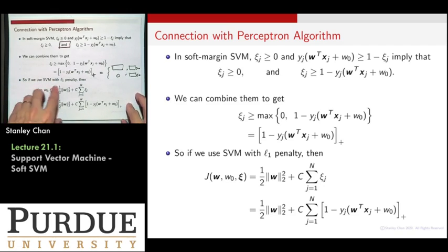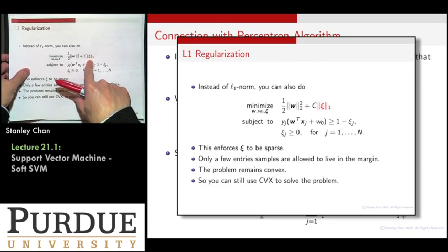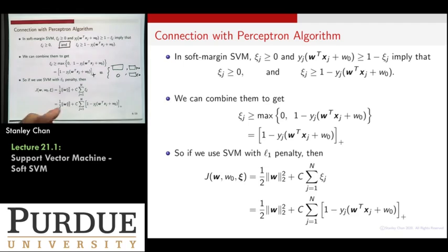Now if I use this shorthand notation and put it into the L1 penalty, so L1 penalty means this regularization, instead of using a 2-norm square, put a 1 norm here, then you can observe that this objective function would become half of the 2-norm of w squared plus C times the summation of the psi. Why?